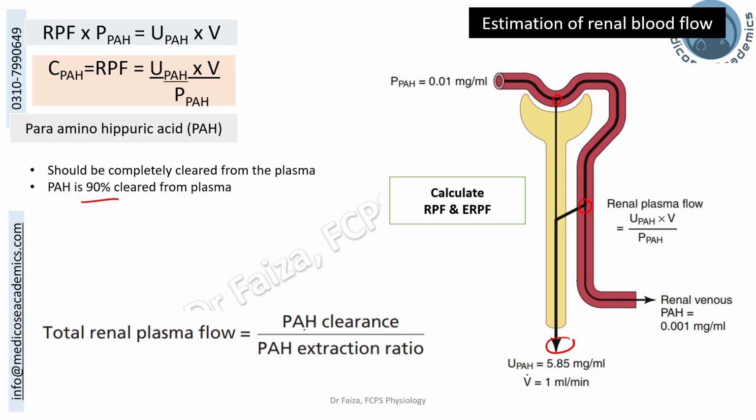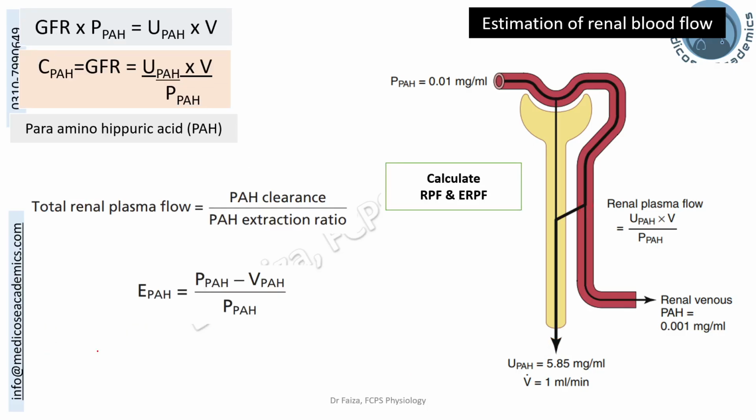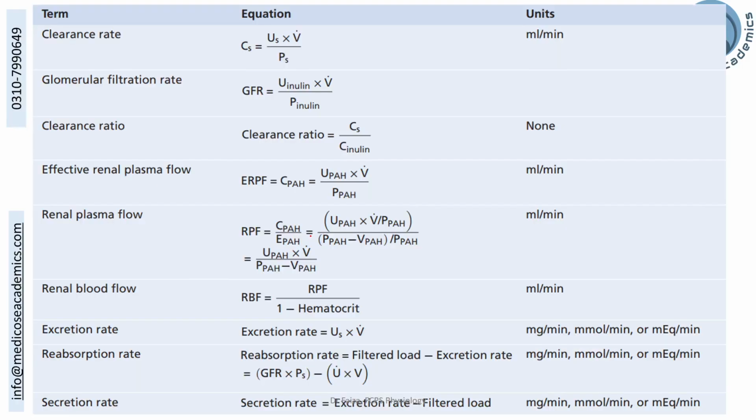The clearance of para-aminohippuric acid is divided by its extraction ratio, which is 0.9 or 90%. By doing this, we get the estimated total renal plasma flow. So para-aminohippuric acid, despite being 90% excreted, is a very good estimate, because the rest we can do mathematically by dividing it by the extraction ratio.